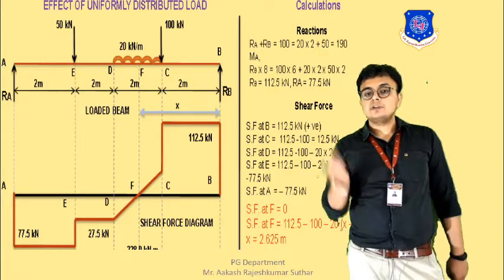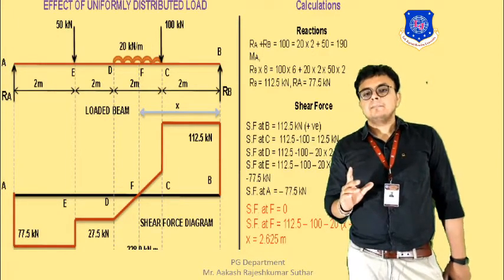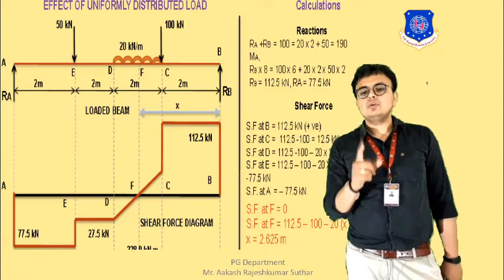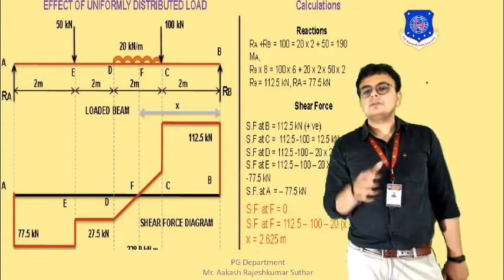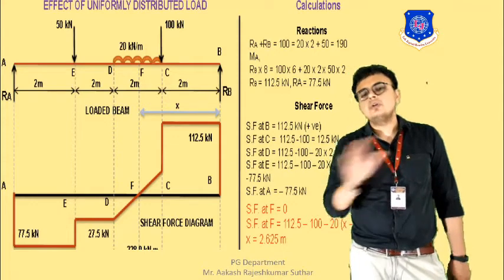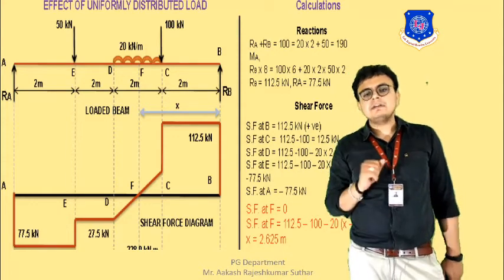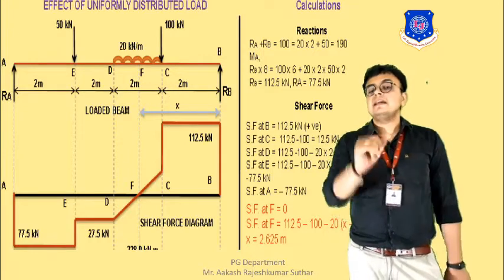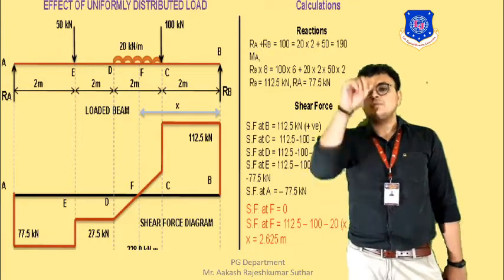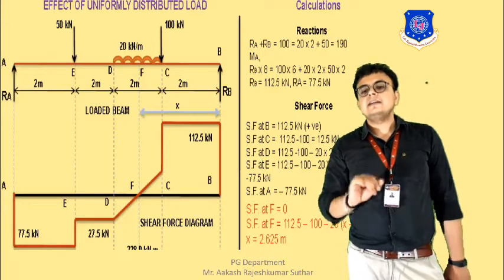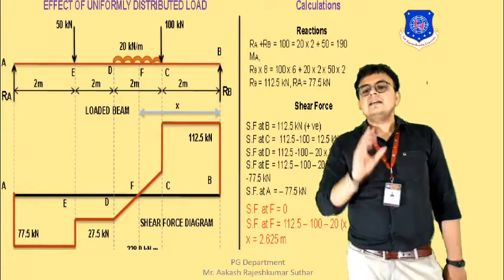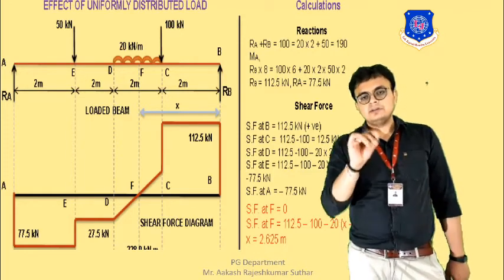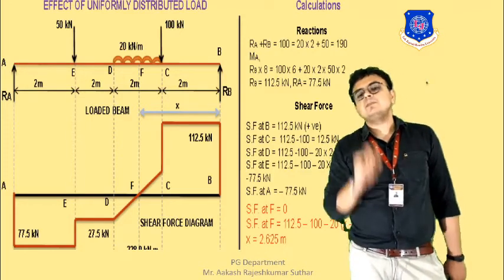Moving towards point C, the shear force is 112.5, which is constant, because moving from B to C there is no other load acting on it. At point C we have a load of 100 kilonewton in the downward direction, so the shear force at C is 112.5 minus 100, that is 12.5.